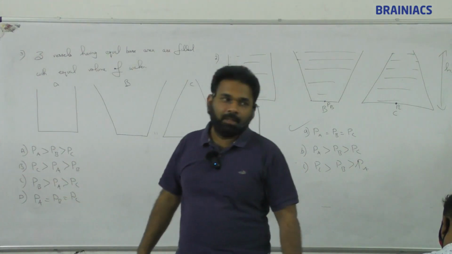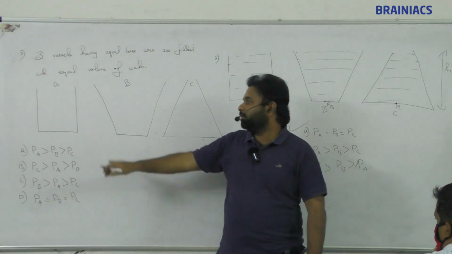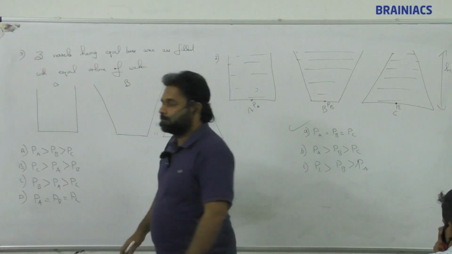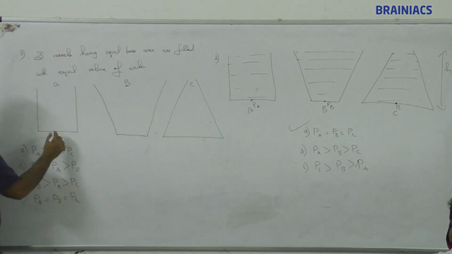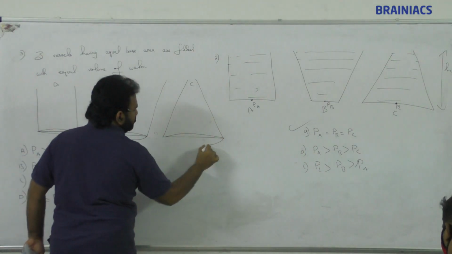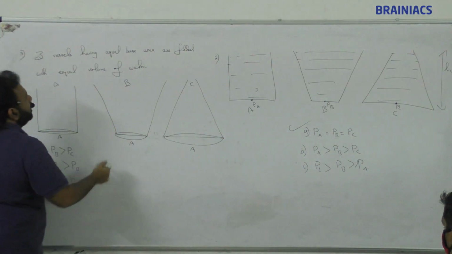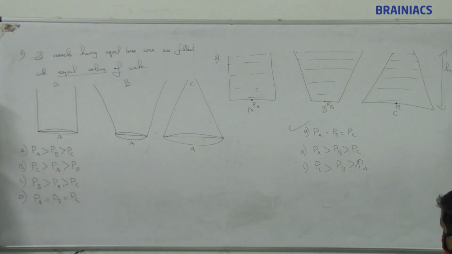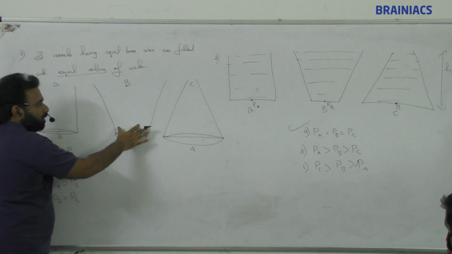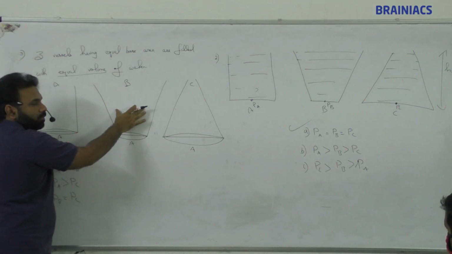Merlin. Okay. Sudarshan, what is the answer? The thing is, base area is same. Another point is equal volume of water. So what will be the answer? Easy, B. If this is the case, when we reach a little bit of height, what will happen?